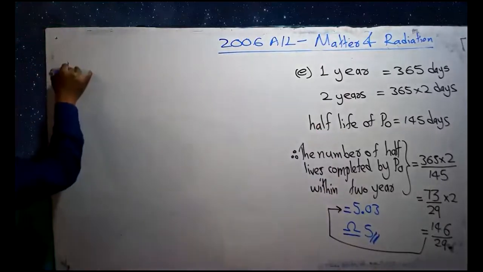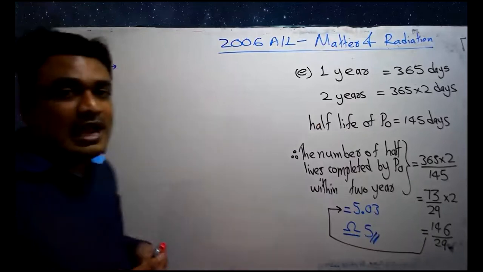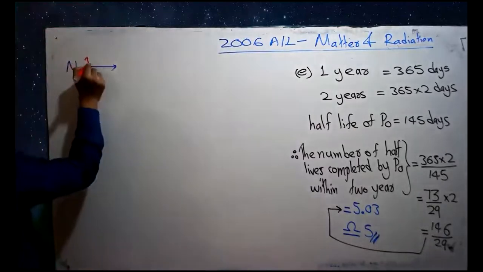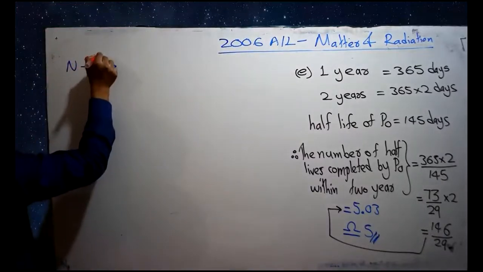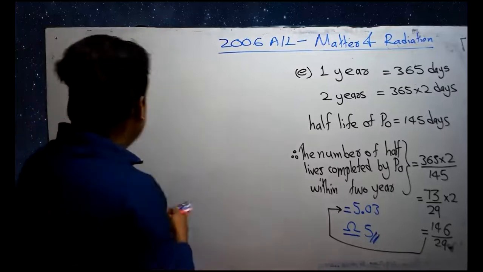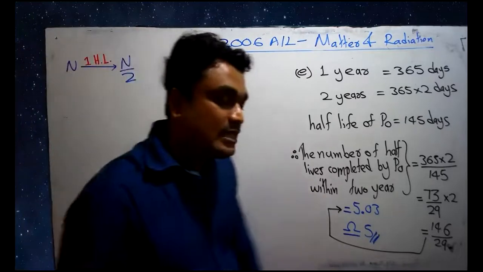Let's say there are n number of polonium atoms in the sample at the beginning. After one half-life, there will be n over 2 atoms in the sample.